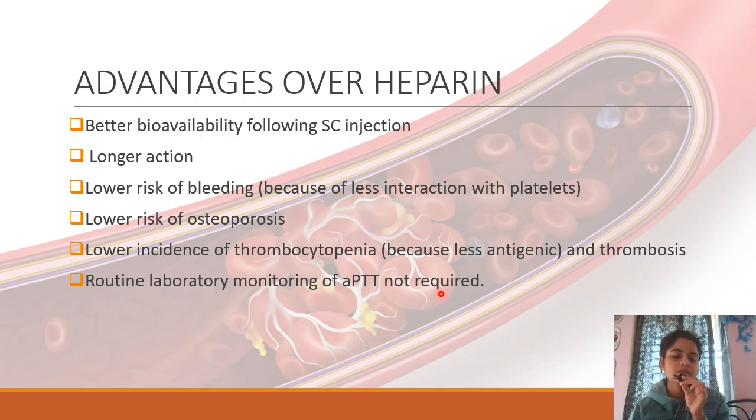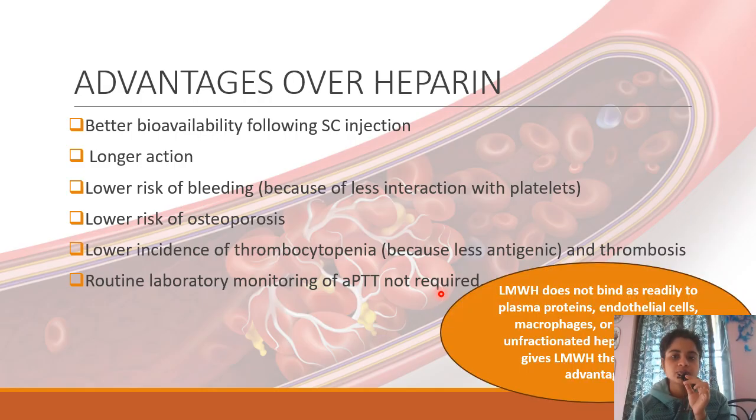So why does it have these advantages? This is because LMWH does not bind readily to plasma proteins, endothelial cells, macrophages or platelets like unfractionated heparin. So because of this, LMWH gets all these advantages over heparin.